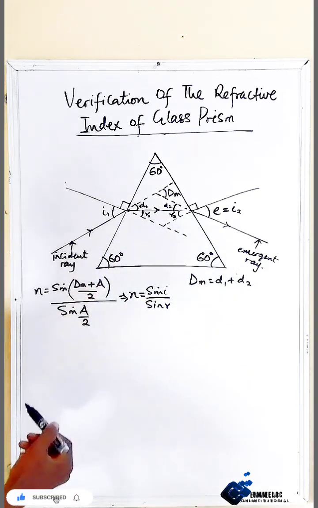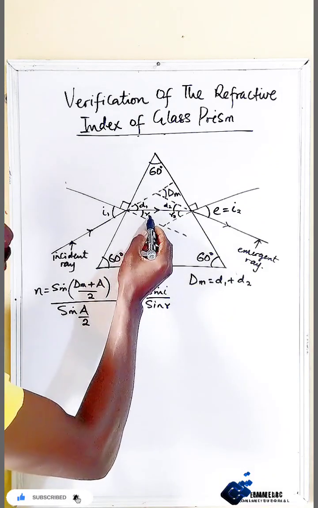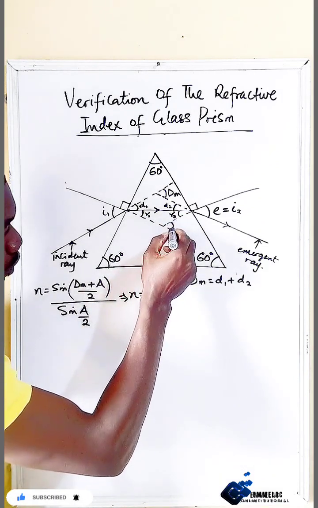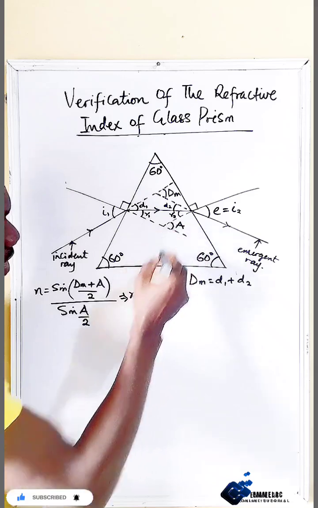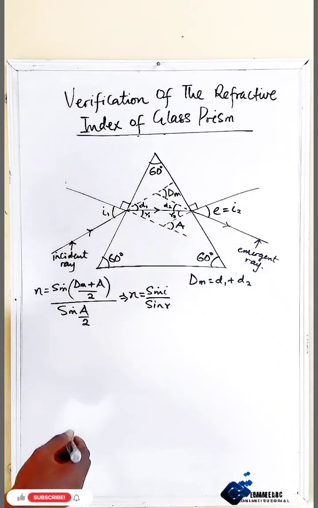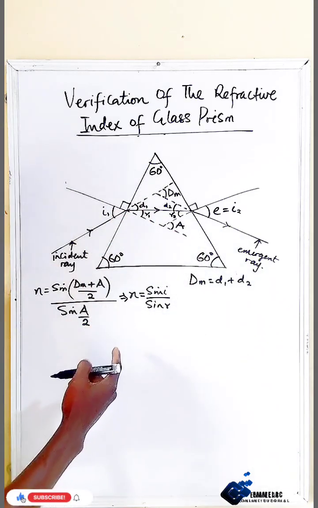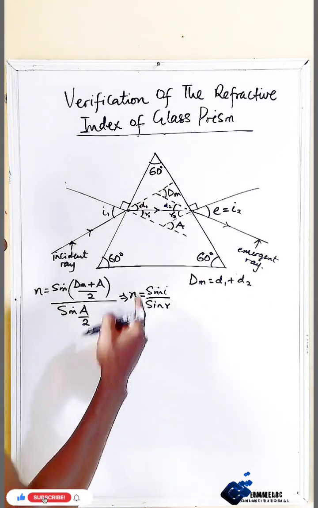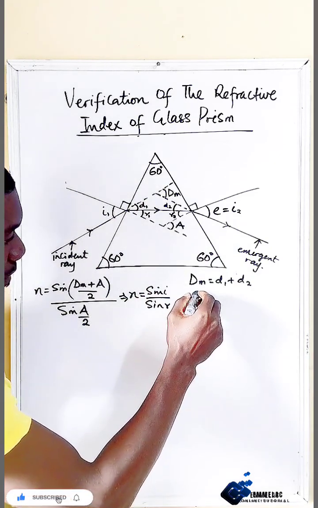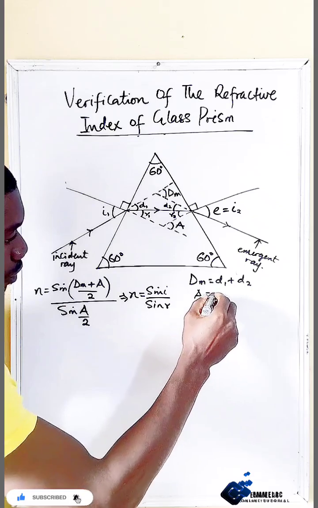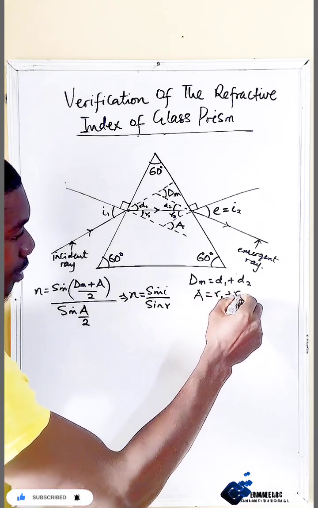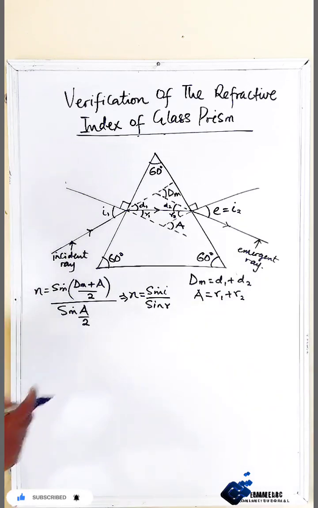In the same vein, r1 and r2 add up to the refracting angle, which is 60 degrees here. So we have that A equals r1 plus r2.